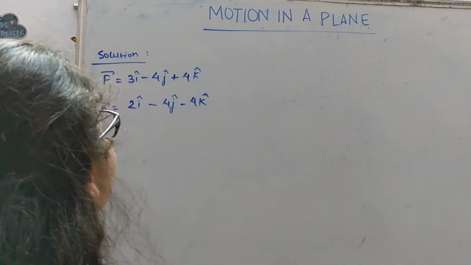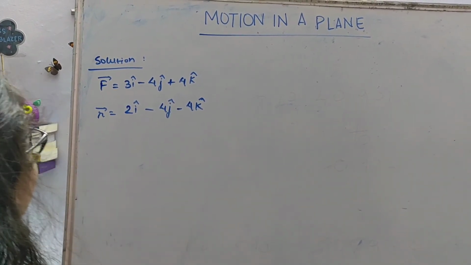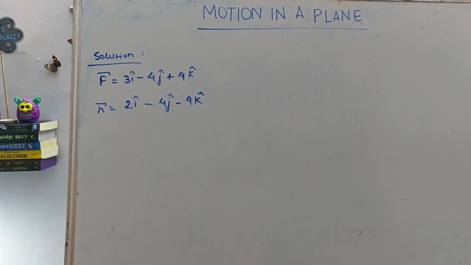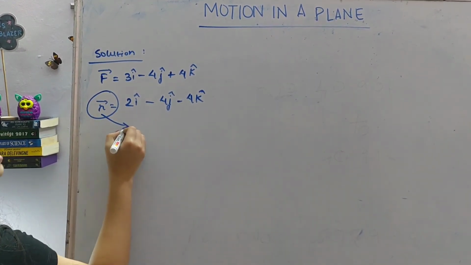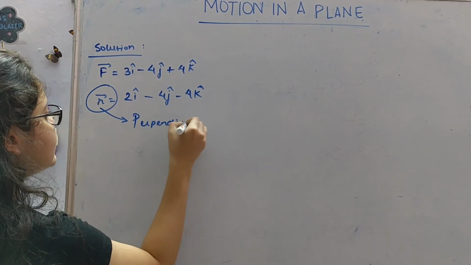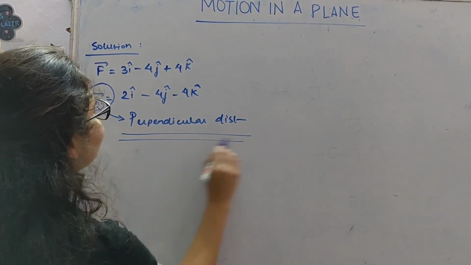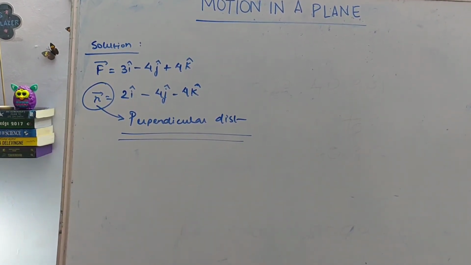Okay, now let us try to solve this numerical. There are two ways you can approach, and sometimes you may get confused about which formula you have to use. First approach is that it is already given that this is the perpendicular distance, right? So the first thought that might come to your mind is cross product, and you are absolutely correct in this case.